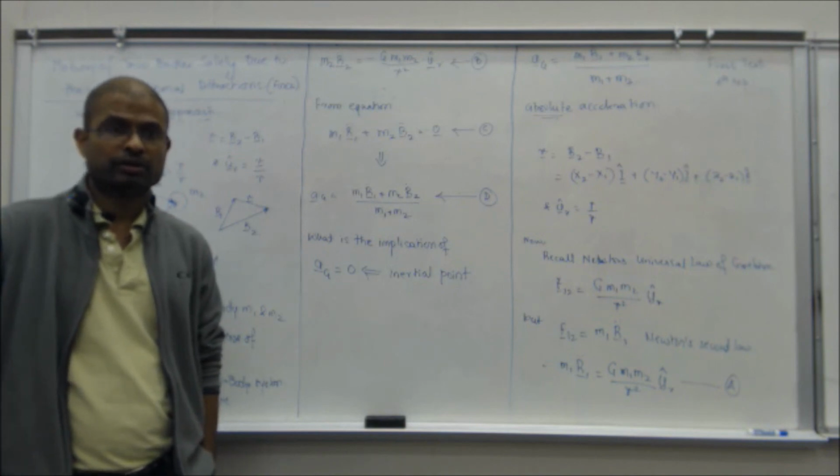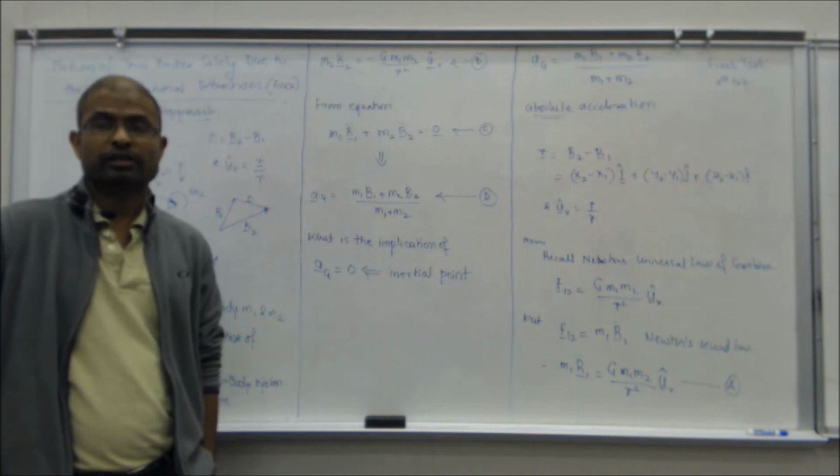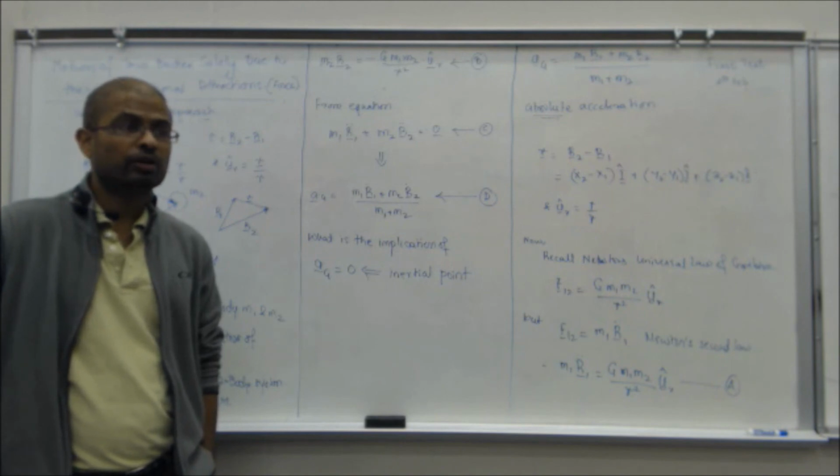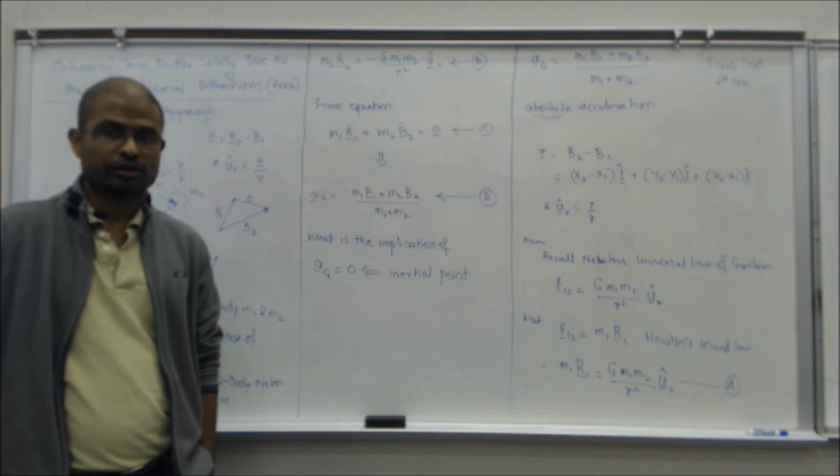So what is an inertial reference frame? Non-accelerating. When all these points are moving with a constant velocity, that is an inertial reference frame. If all these points are accelerating, then it's a non-inertial frame.